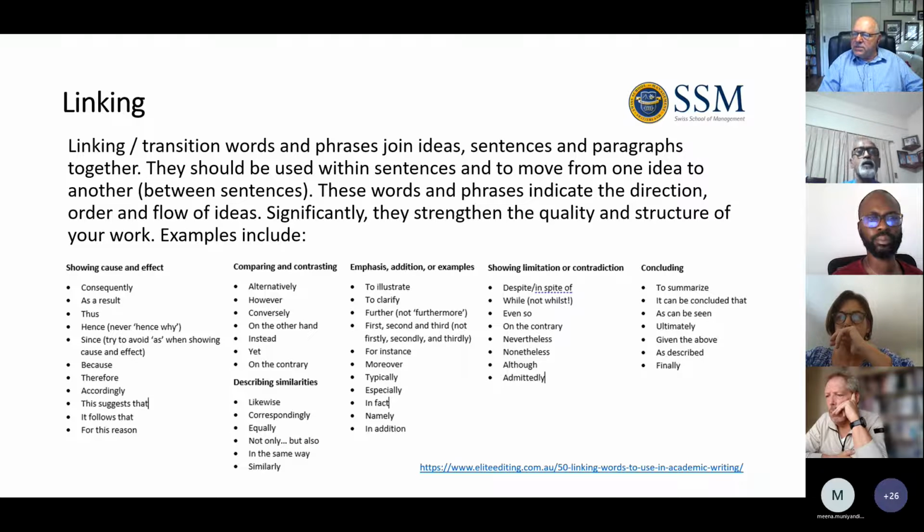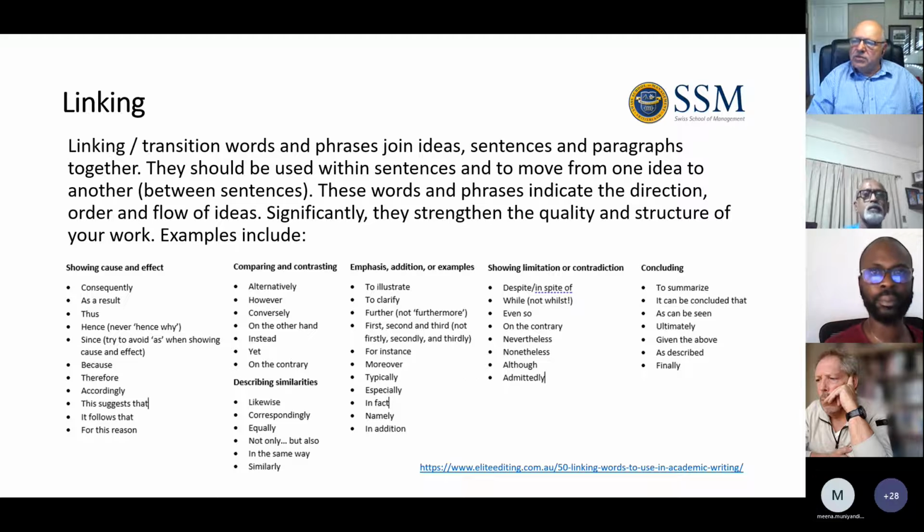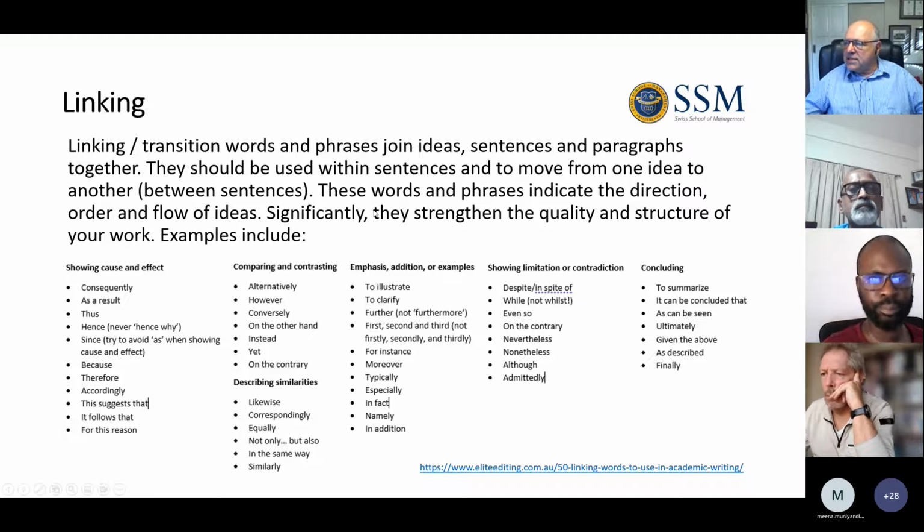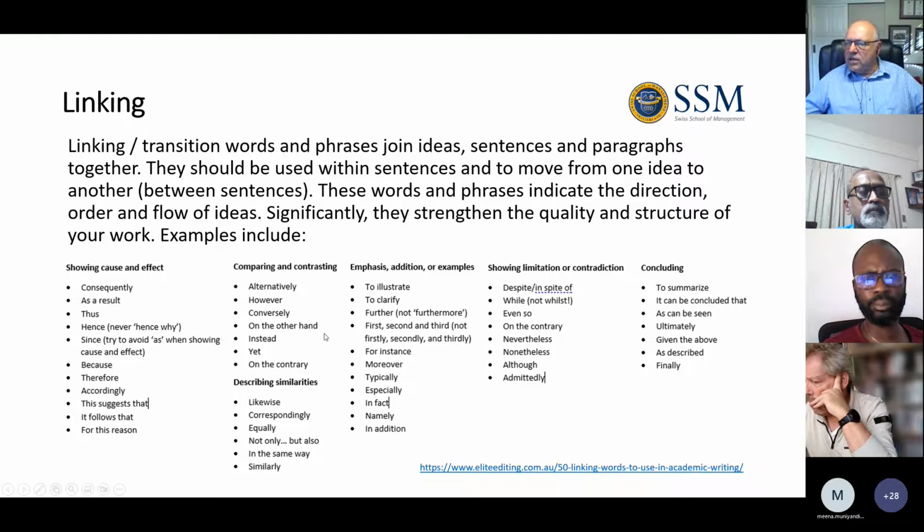Other linking words which can be used to join ideas, sentences, and paragraphs are, for instance, these. You can see they can strengthen the quality and structure of your work. If you want to show cause and effect, you can use words such as consequently, as a result, thus, hence, and so forth. Comparing and contrasting: alternatively, however, and so forth. Describing similarities: equally, likewise.